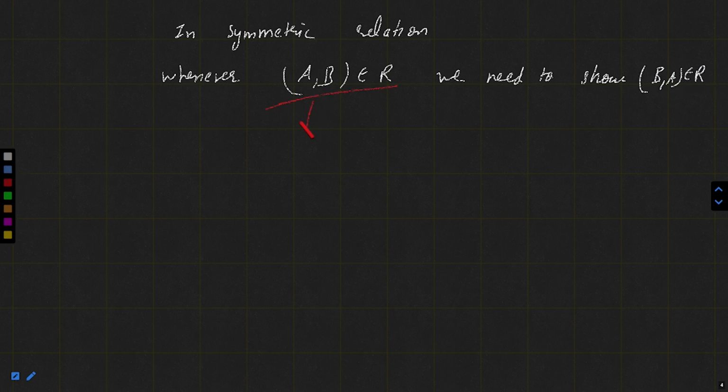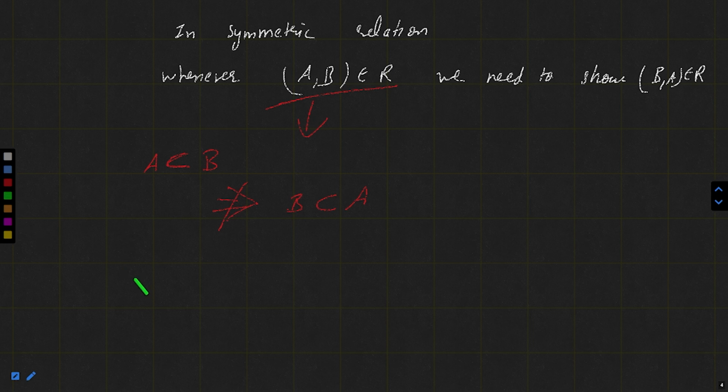If this happens, what this means is A is a subset of B. Okay. Now A is a subset of B. This doesn't imply that B is also going to be a subset of A.